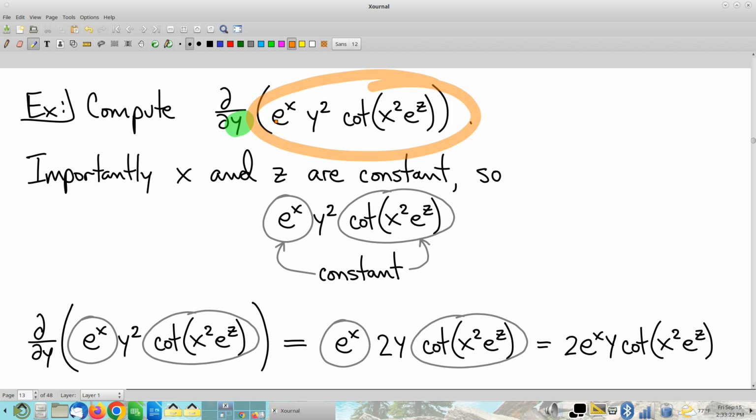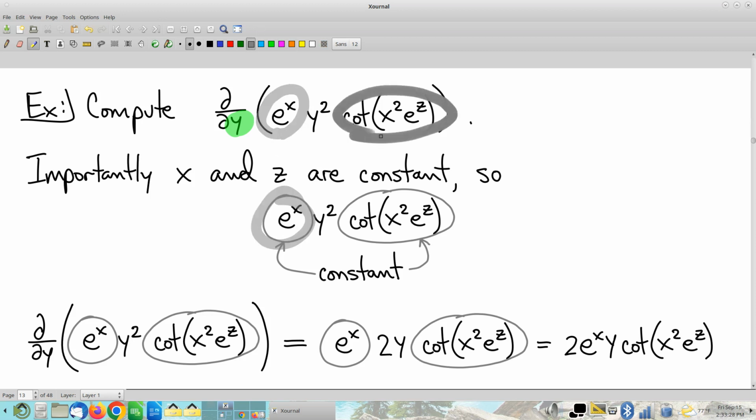This is actually a really easy question because all of this stuff here is full of x's and z's, and x and z are constant. Keep in mind, for the purpose of a partial derivative with respect to one variable, the other variables are all constant. So what I've got here is really just the y partial of y squared.